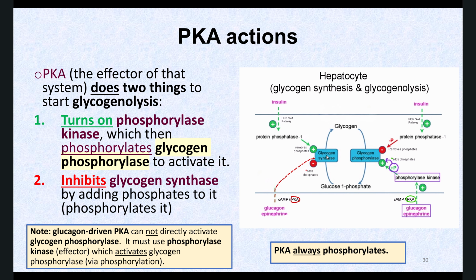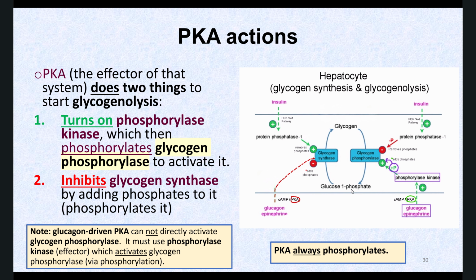Remember, if you phosphorylate glycogen synthase, it deactivates it. But here, if you add phosphate groups to glycogen phosphorylase, it wakes up and it does its thing, and we'll see on the next slides, but it grabs a glucose monomer, it shoots a phosphate at it, and it rips it off by shooting the phosphate at it, and it makes a glucose 1-phosphate.